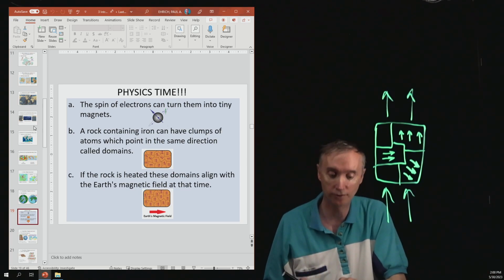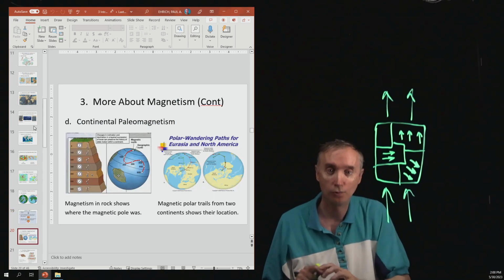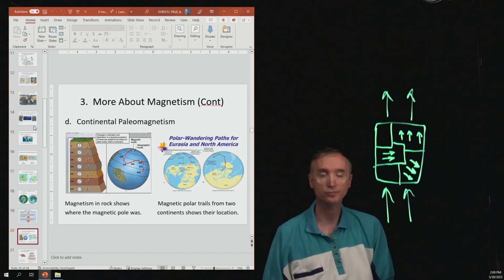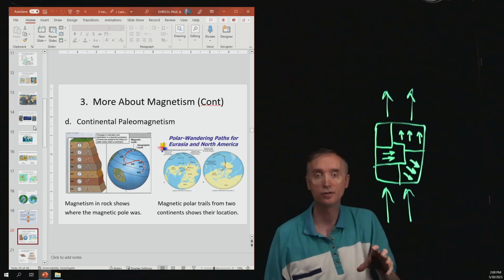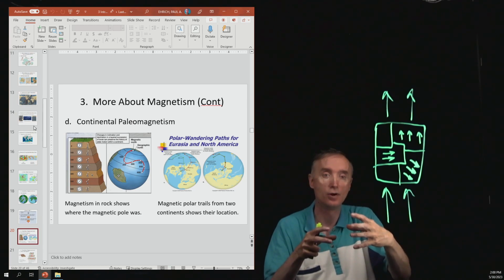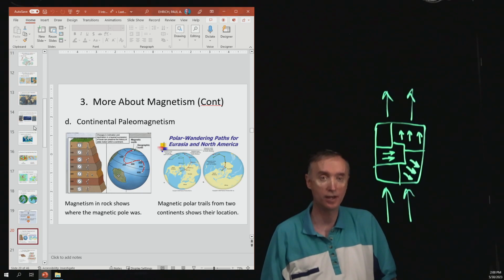This is really important because we can use this remnant of the magnetic field of rocks to determine where the magnetic North Pole was when those rocks formed. And then we can use that in turn to piece together where the continents were located.